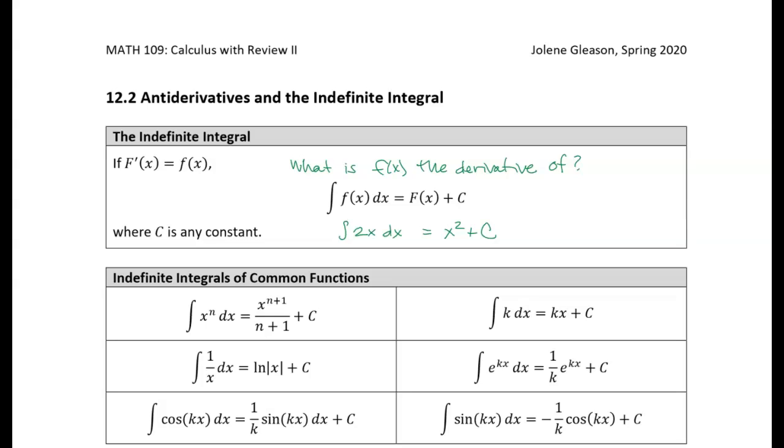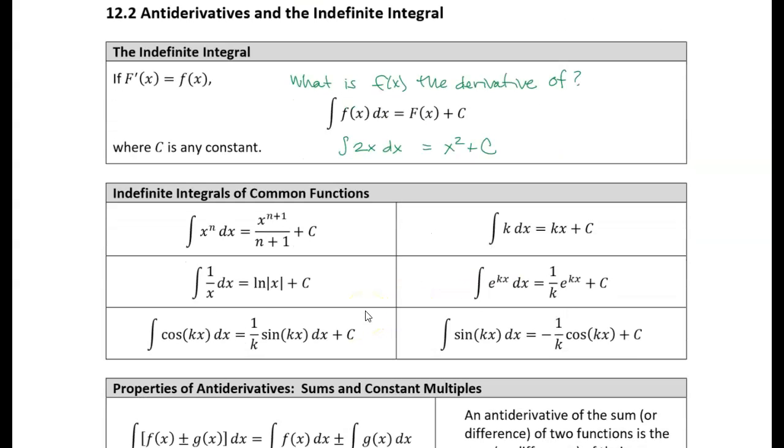All right, and just like when you learned how to do derivatives, we have a whole bunch of indefinite integrals or antiderivatives for common functions, okay? And they come directly from the derivative rules that you learned. For example, the power rule.